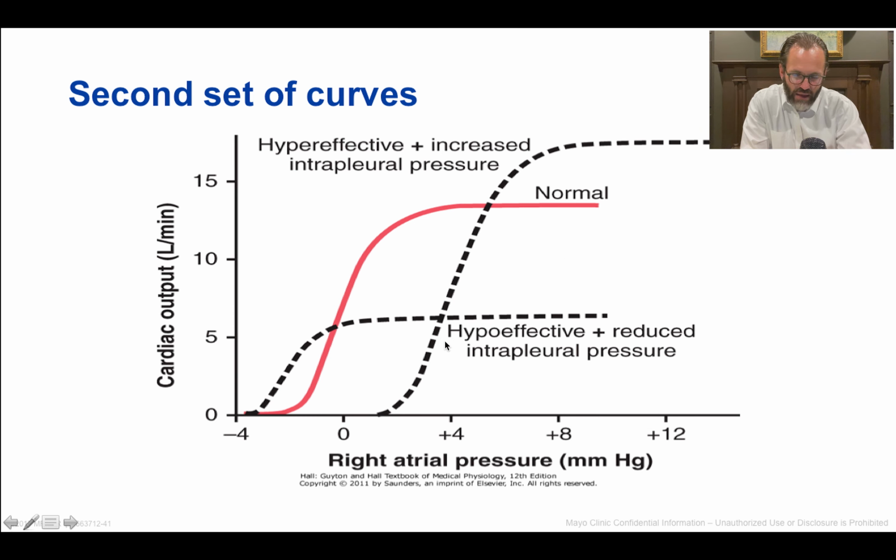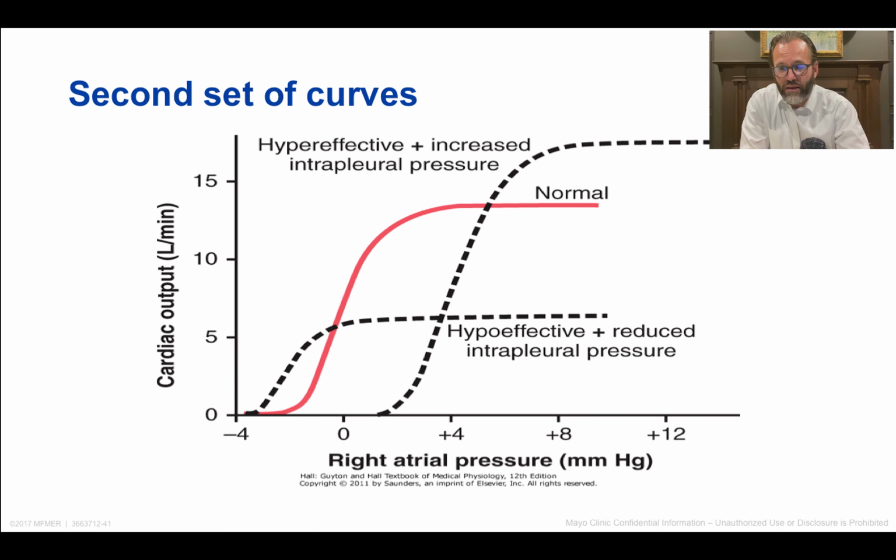Reciprocally, when we're looking at the hypoeffective heart with a reduced intrapleural pressure, the heart is functioning less effectively, but we have a more negative intrapleural pressure. At these relatively low levels of right atrial pressure, the heart seems to be doing better off because you have a higher cardiac output at any given level of right atrial pressure.